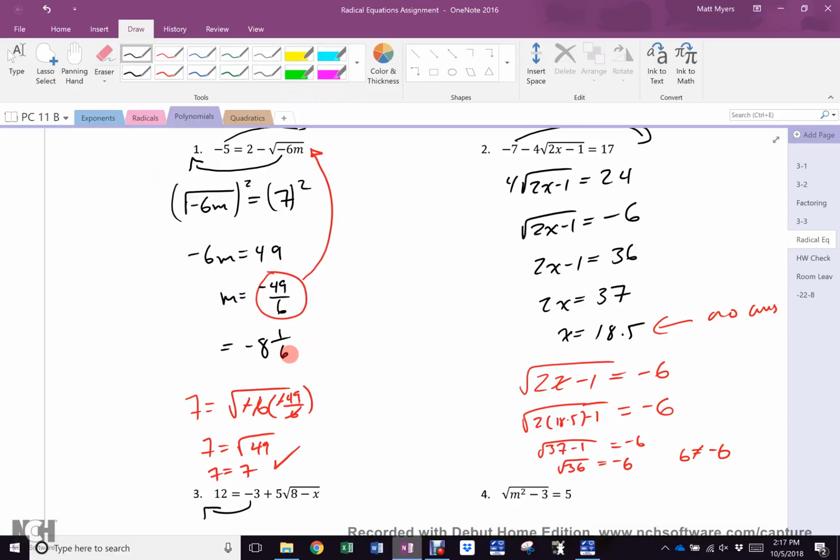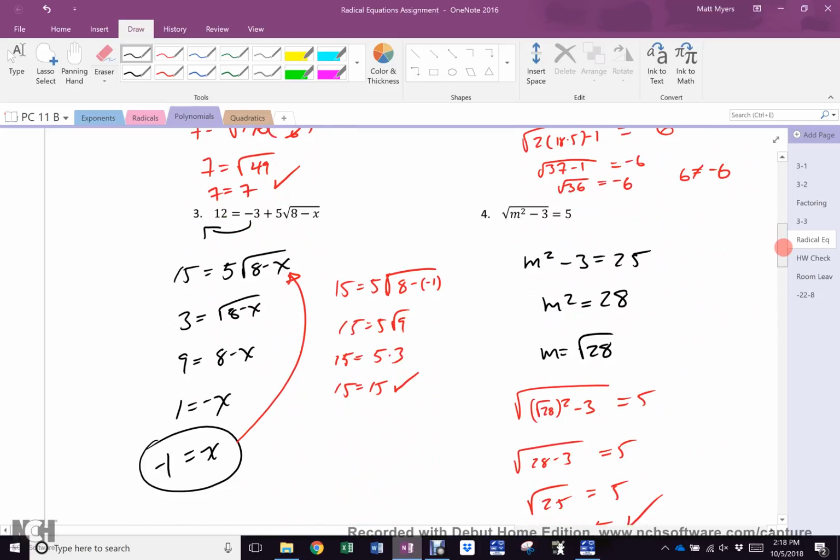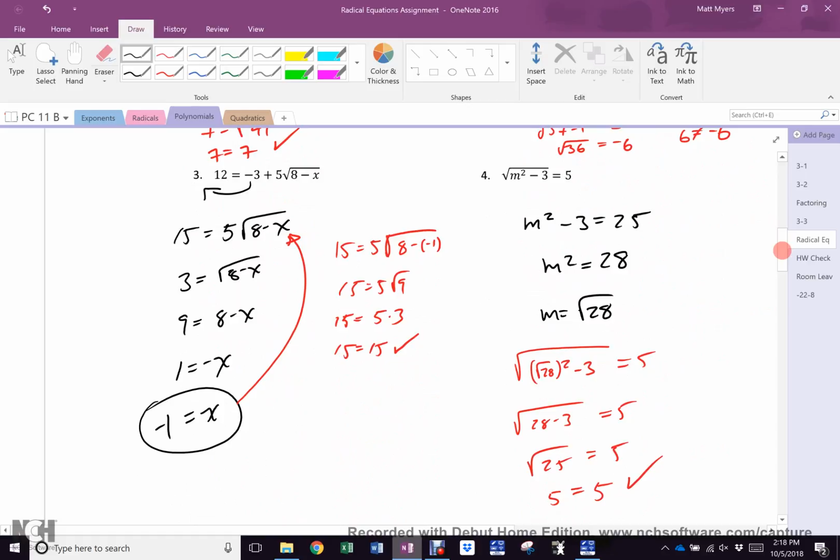What about 2? It's already there. Yeah, which is 18.5. Right? Number 3, we already did number 3 as a practice question. -1, and it worked. What about number 4?